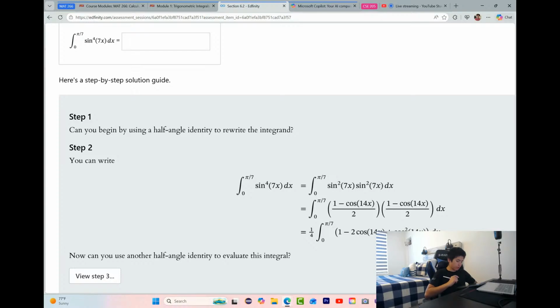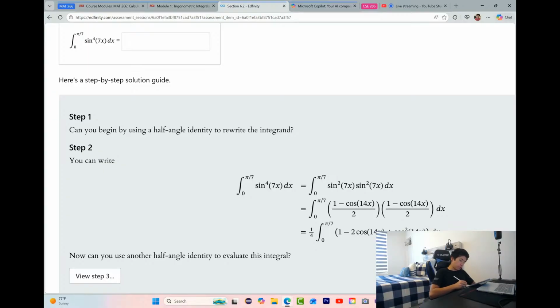Excuse me, got some bubbles in the throat. So now, yeah, let's get rid of these squares. 2 cosine of 8x plus cosine squared of 8x. Oh, there we go.